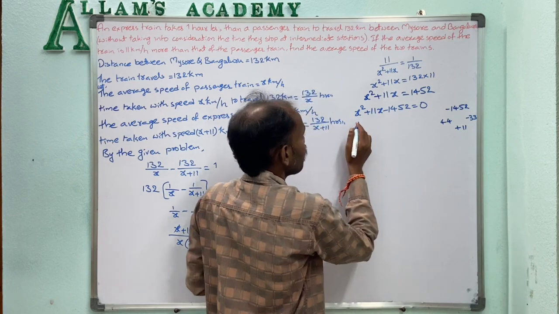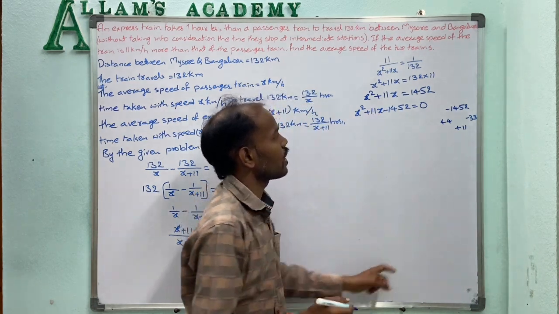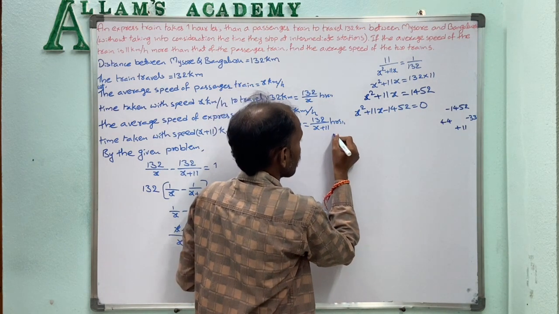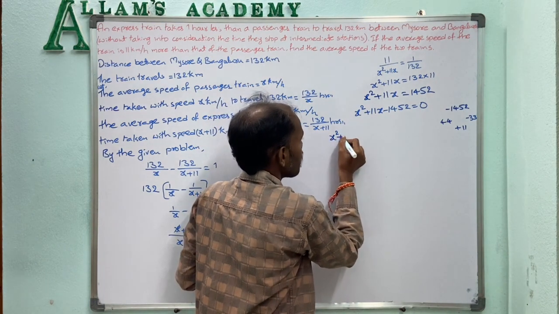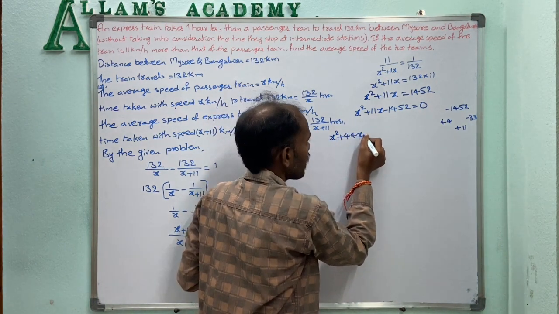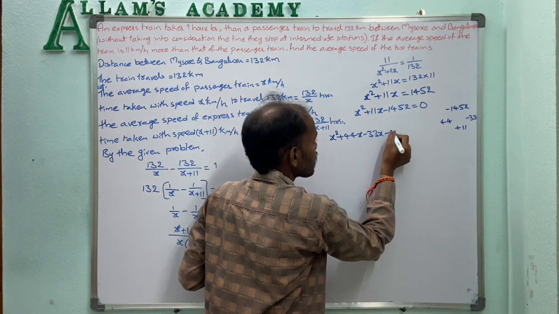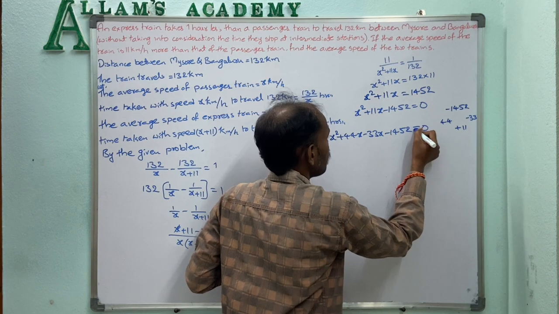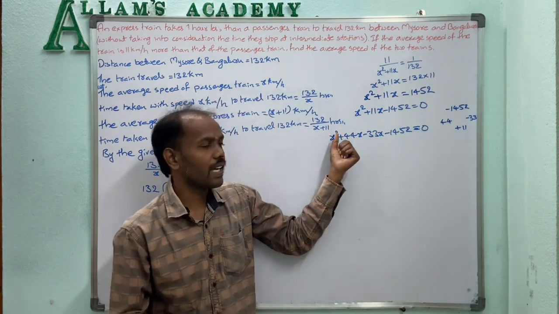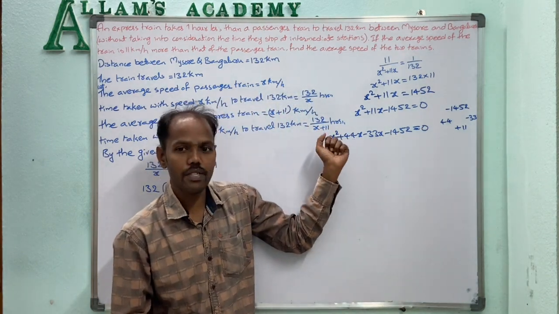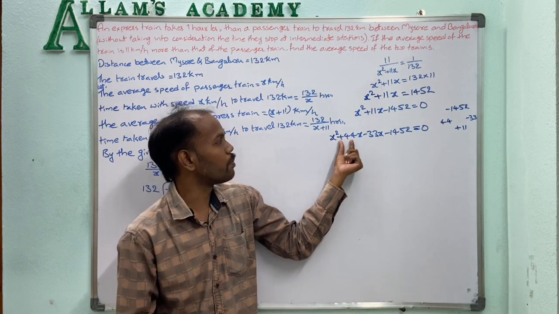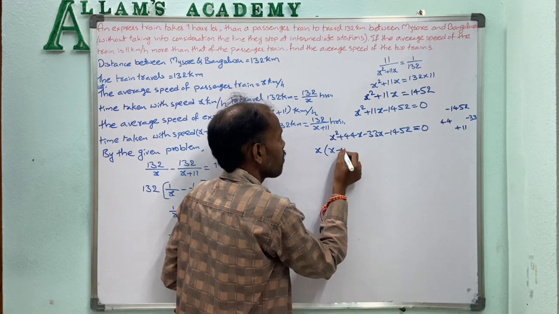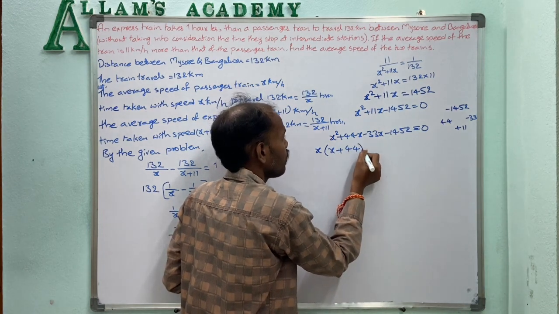So in place of 11x, I am writing 44x minus 33x. So x square plus 44x minus 33x minus 1452 equals 0. x square is x into x, and 44x is 44 into x. In both, x is common, so taking x common gives x plus 44.